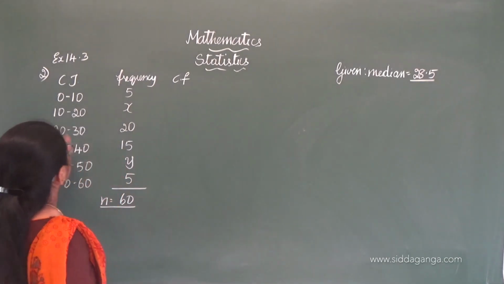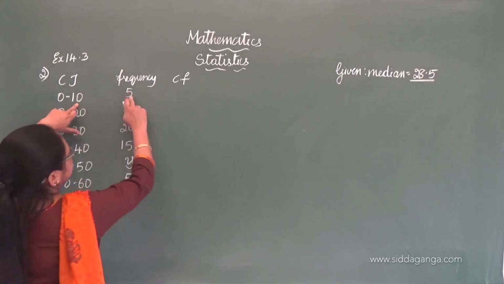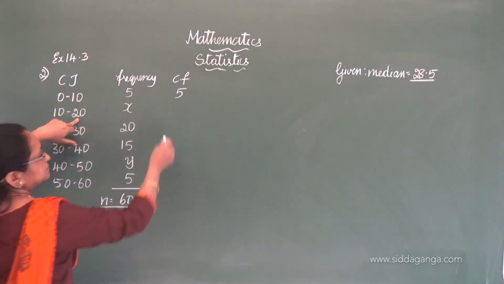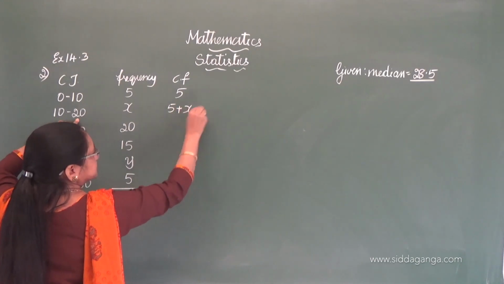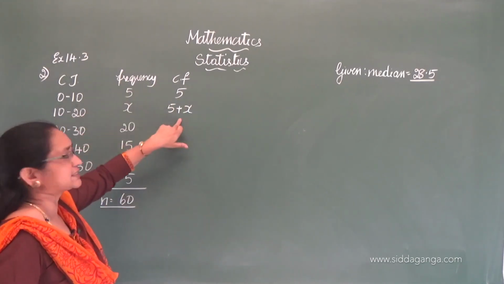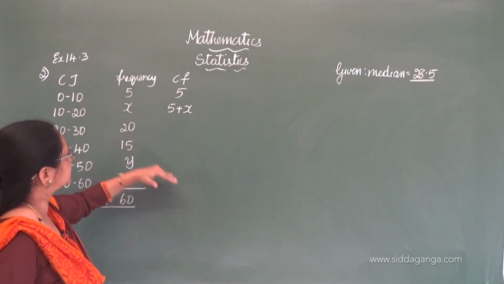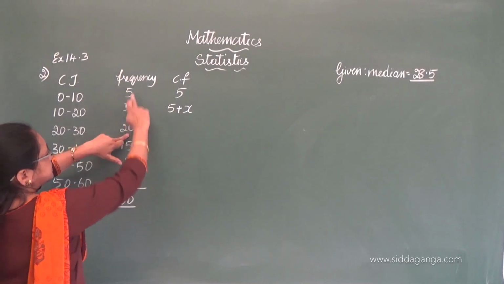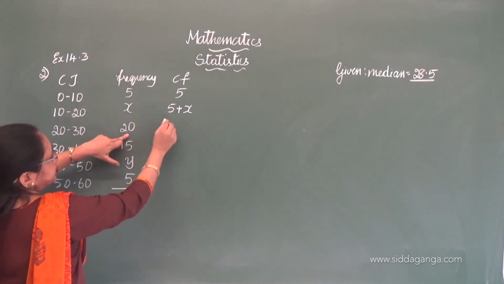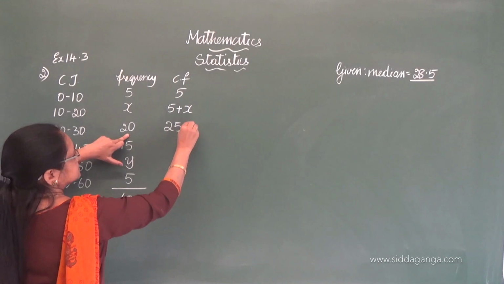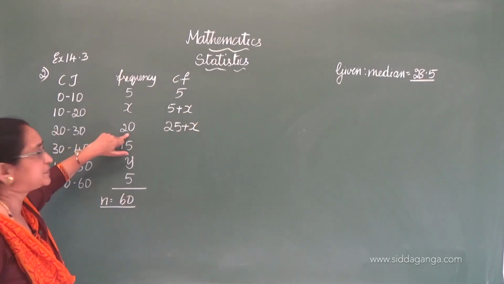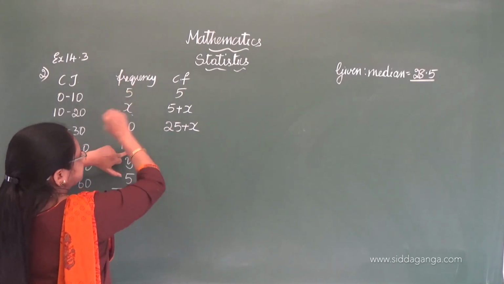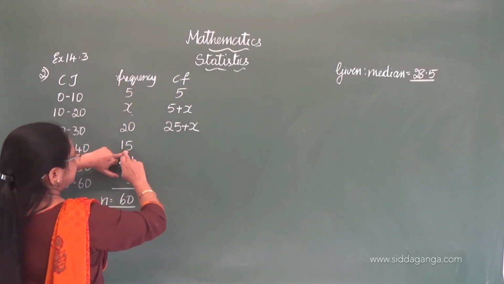Okay. Now, less than 10 how many are there? 5. Okay, less than 20, 5 plus x, please see 5 plus x. Next the same proceeding. Next less than 30, so I have to add all these 3. So when I want to add all these 3, it will be 25 plus x. Okay, next 15 plus 20 plus 5 plus x, means for 25 I am going to add 15 here.